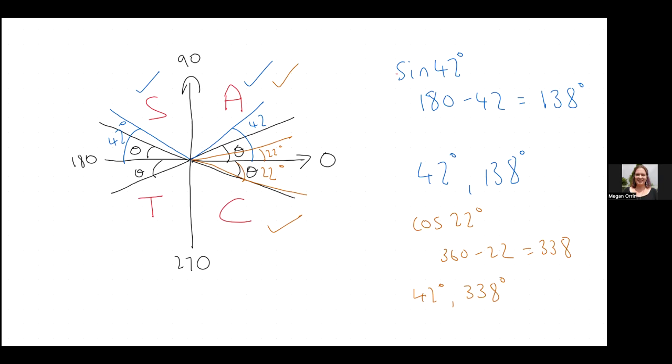Let's do another one. Let's say that I called this 78 degrees, and this time I'm going to do tan. So tan of 78 degrees. So again, that's this angle from 0. So this is the other quadrant I'm allowed to be in. So if that is 78 degrees from the x-axis, I'm doing it again, 78 degrees from the x-axis.